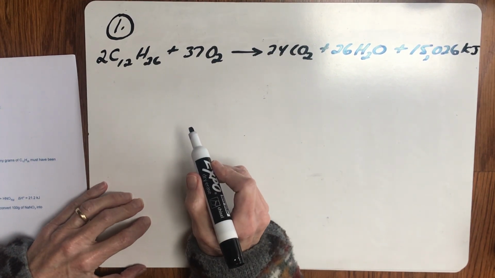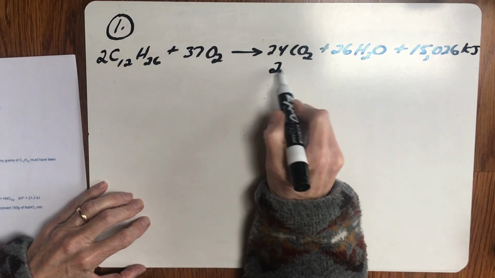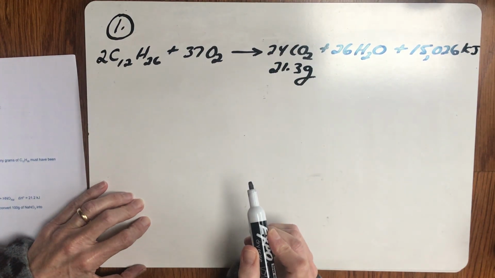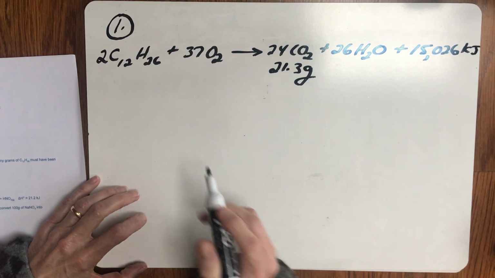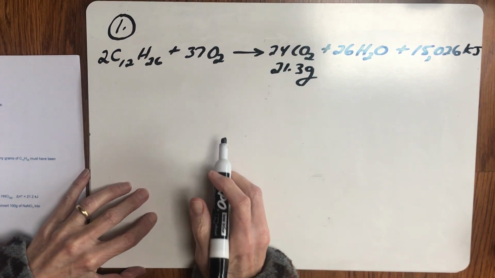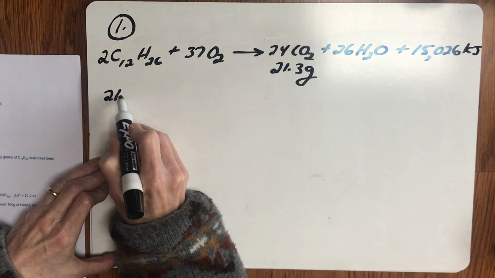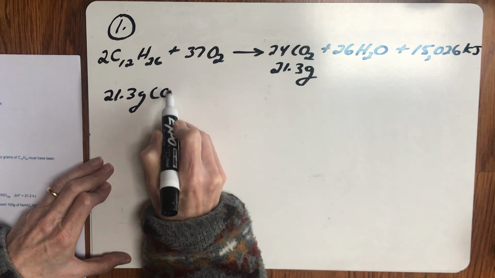It says, when 21.3 grams of carbon dioxide are made, how much heat is released? So here's where we use our stoichiometry. We're going to take 21.3 grams of CO2.